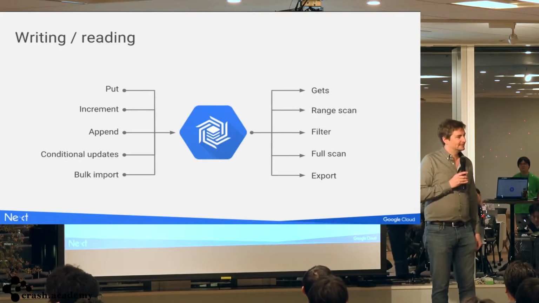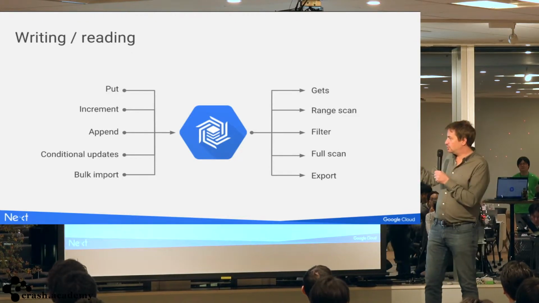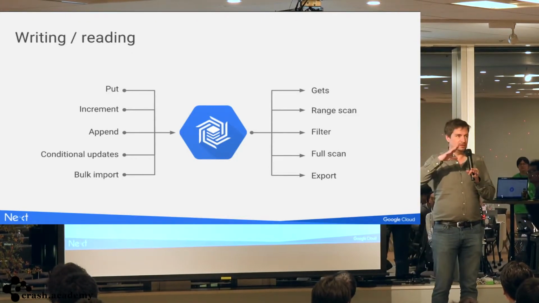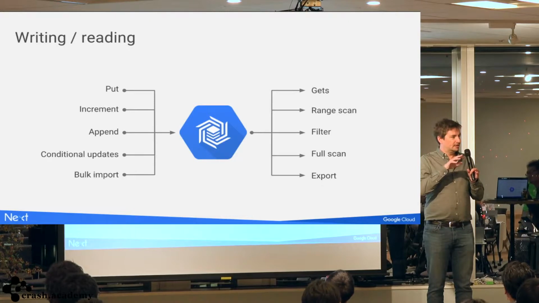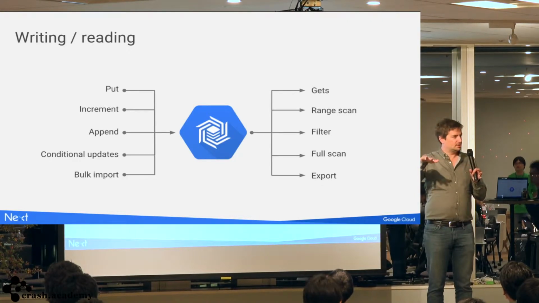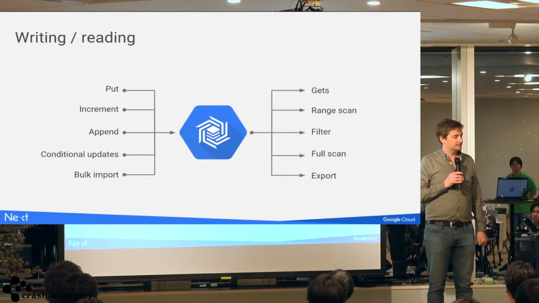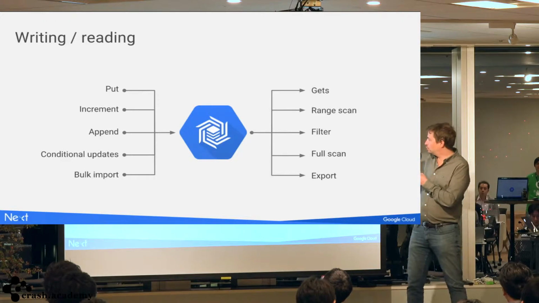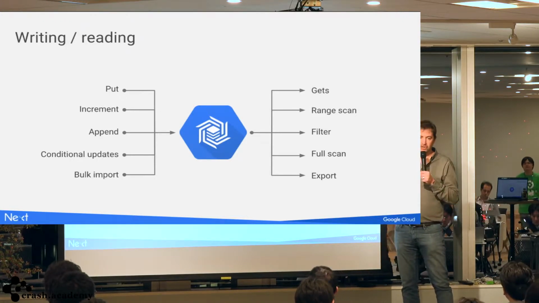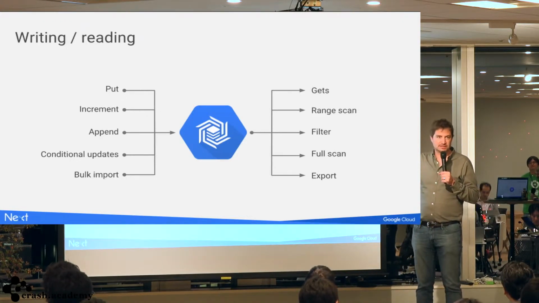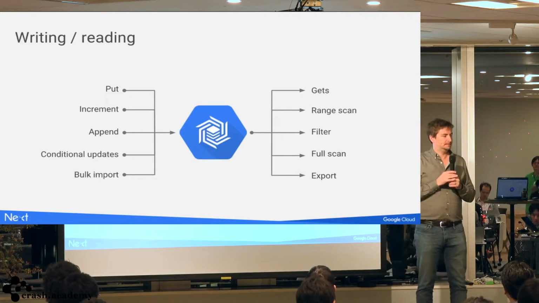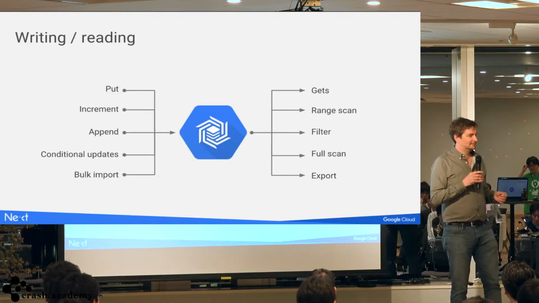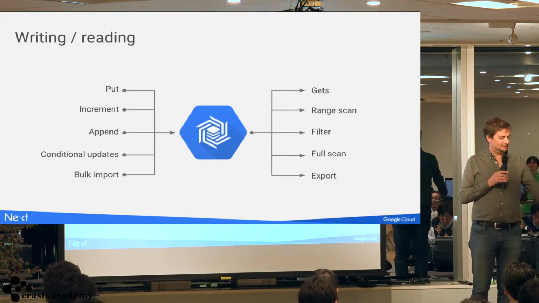You can also append, where you have a string and you want to add another string to the end of it. And on reads, you can also filter based on some simple logic.